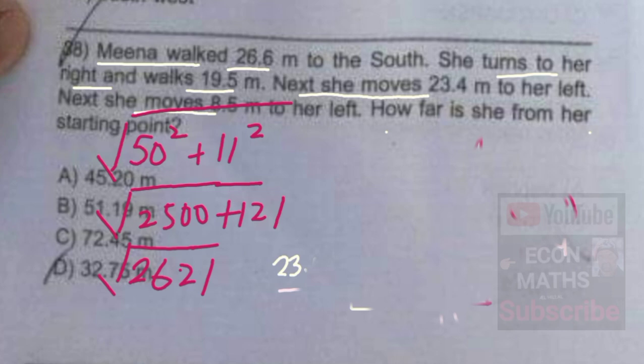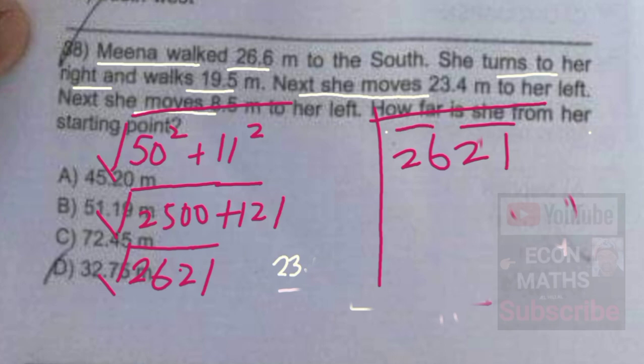Okay, now finding the square root of 2621, we can manually calculate the square. We form the pairs from the units place. So we have two pairs here. So it is 5. 5 fives are 25, and here we will get 1, and this 21 will come down.